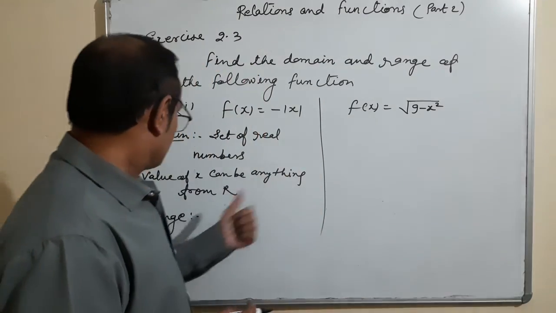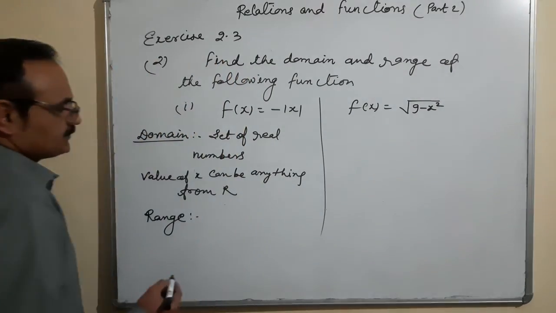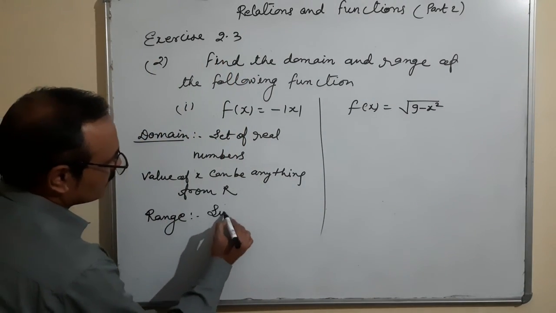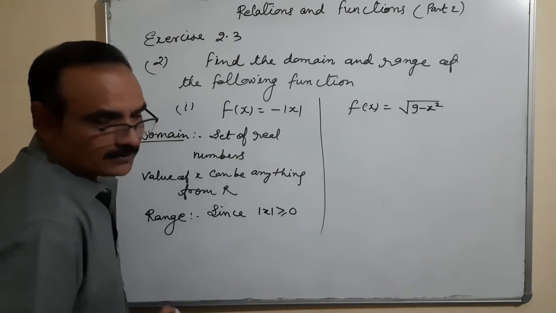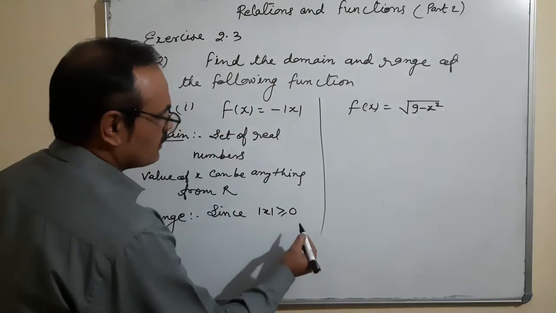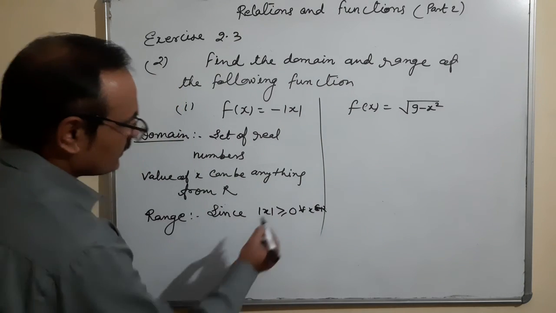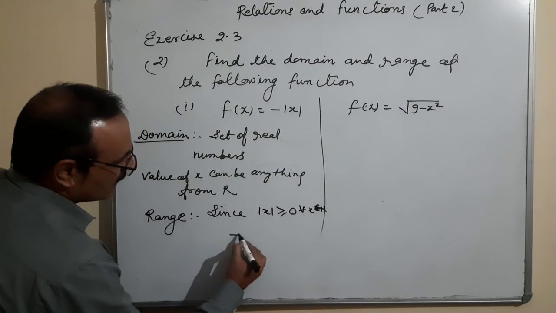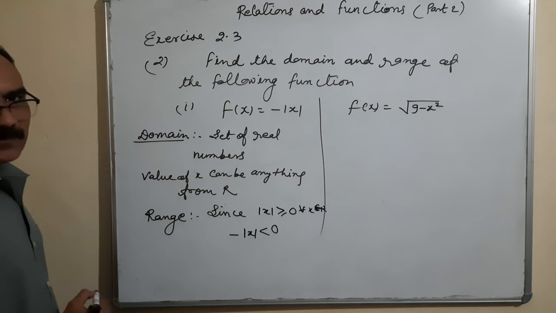So what is the range? Since mod x is greater than or equal to 0 for every x belonging to R, therefore minus mod x is less than 0.